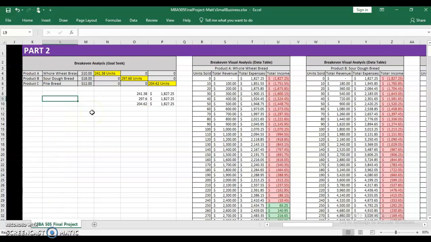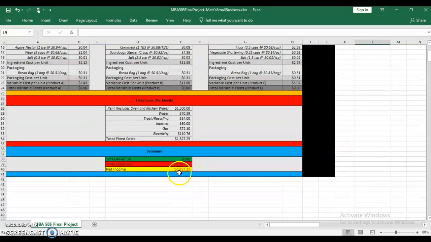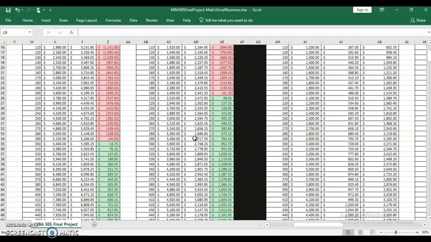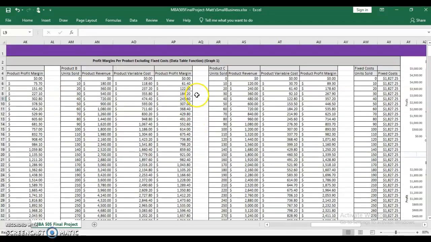I'm going to have to pay the fixed costs no matter if I make one recipe, two recipes, or all three. So I created a data table.